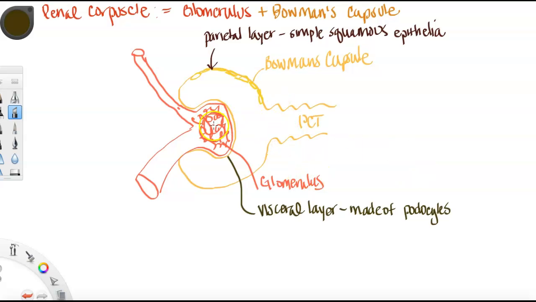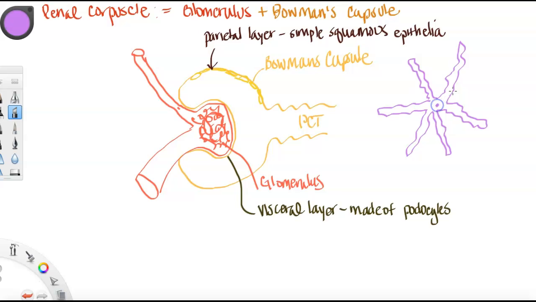So that means basically that all these little capillaries in here are surrounded by these things called podocytes. And these podocytes are cells. Again, they're wrapped around and they have little arms on them. So they look kind of like that.